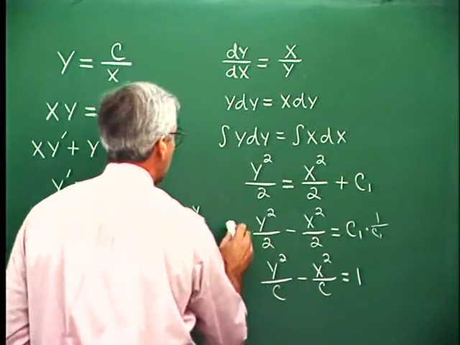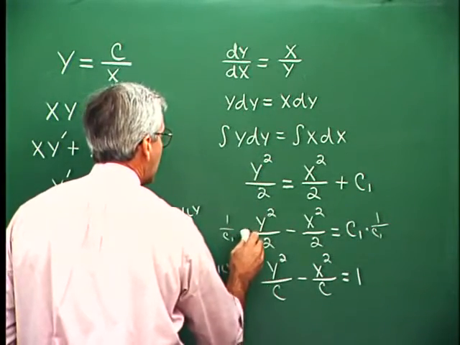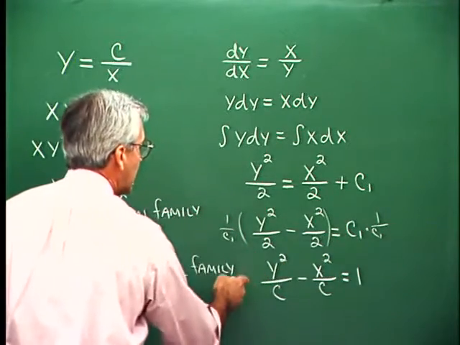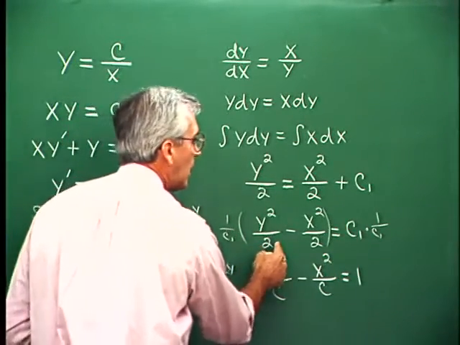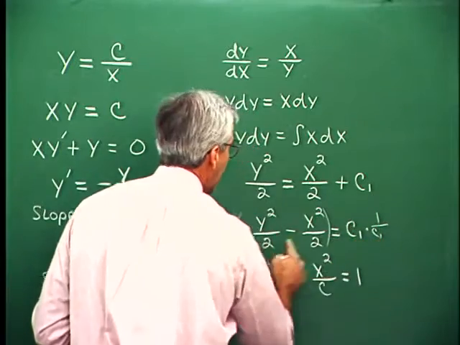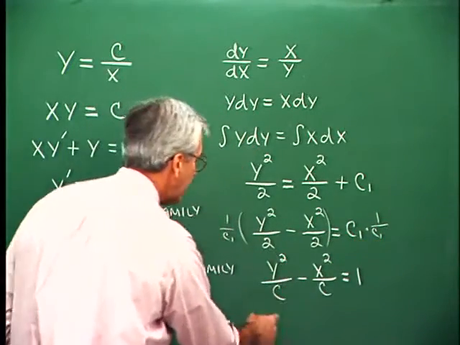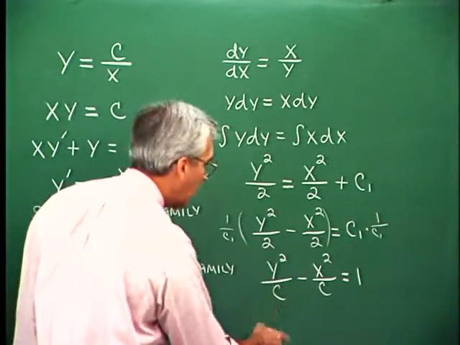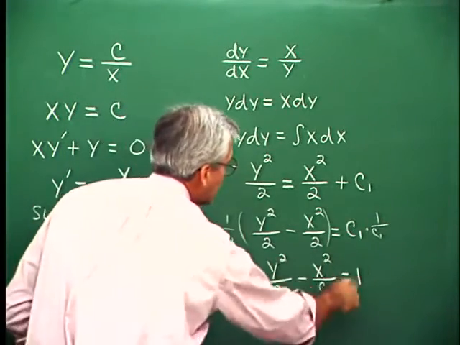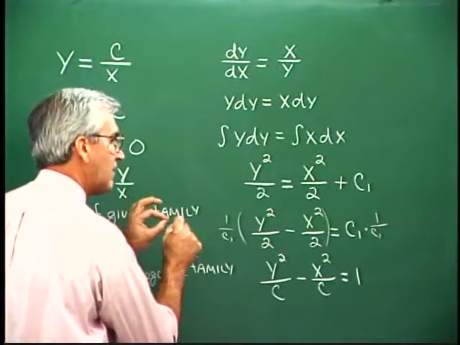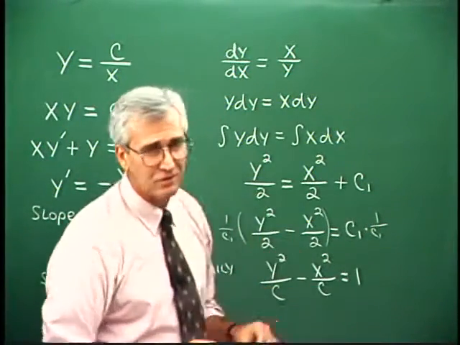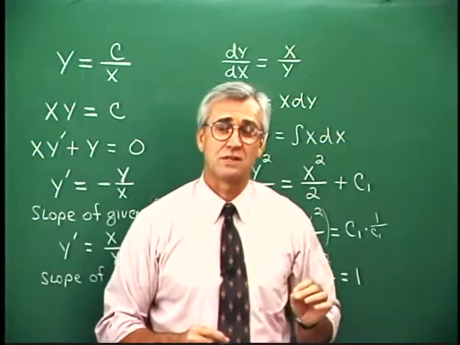So we do that here, we do that here, times both parts. And now these denominators would become 2c sub 1, and over here we would have 1. And these 2c sub 1 denominators we can write simply as a constant, c or k or whatever we would like. But here's the form then of the family of orthogonal functions, orthogonal trajectories.